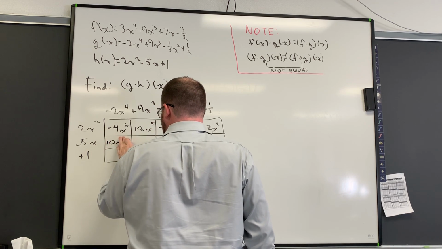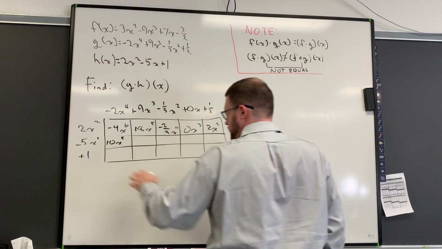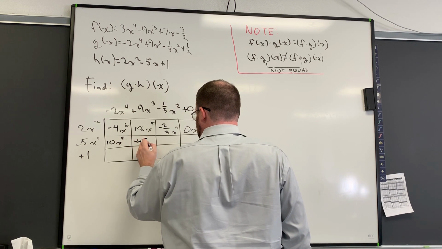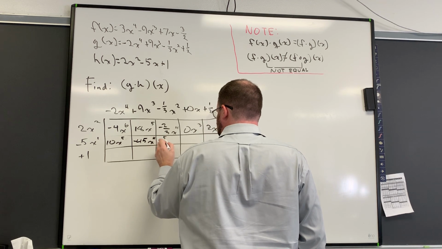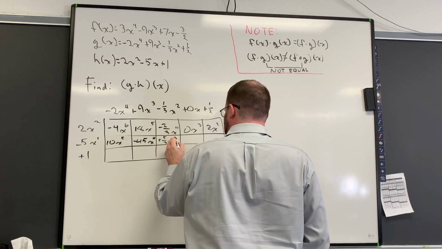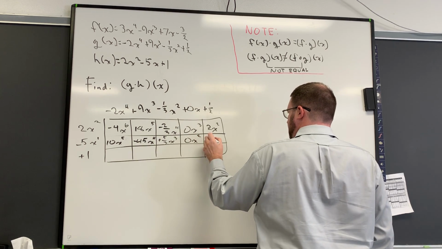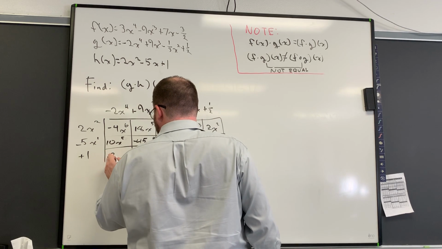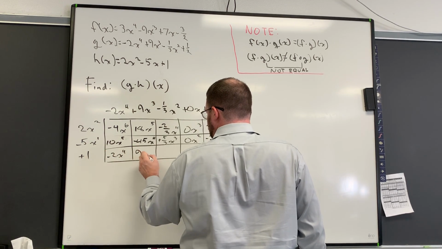Remember that this minus 5x, that's 5x to the 1st. Okay, so we can do 1 plus 4 for our exponents. X squared minus 5 halves x. Keep going, and you can hopefully see where I'm getting this stuff from.